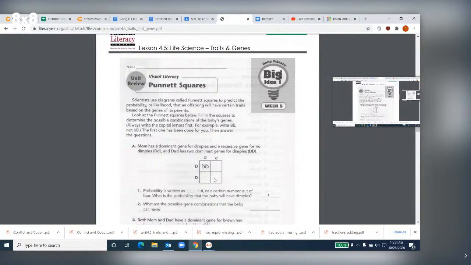So basically, it's going to ask you the combinations. They are going to be DD twice, and then capital D, lowercase d twice.